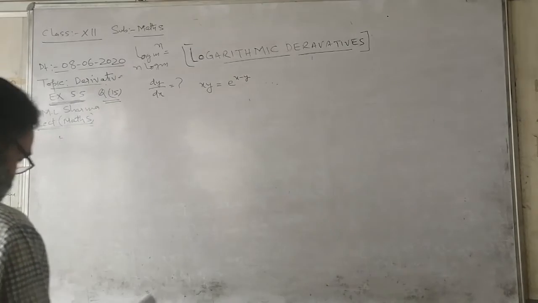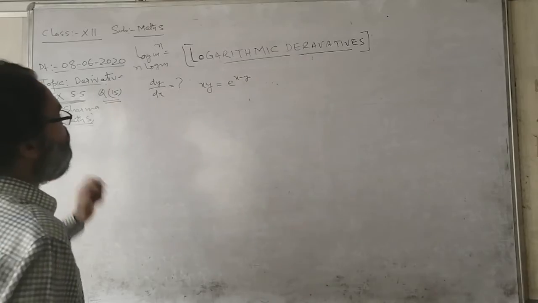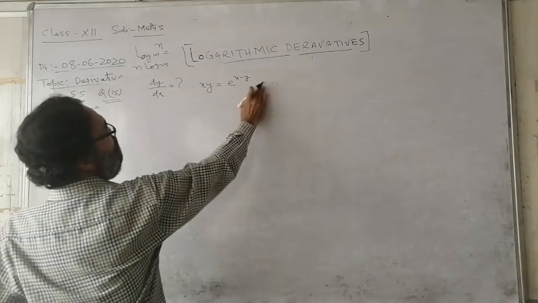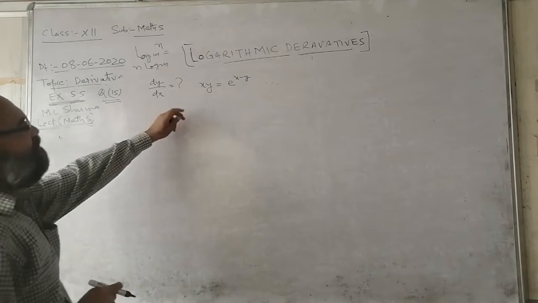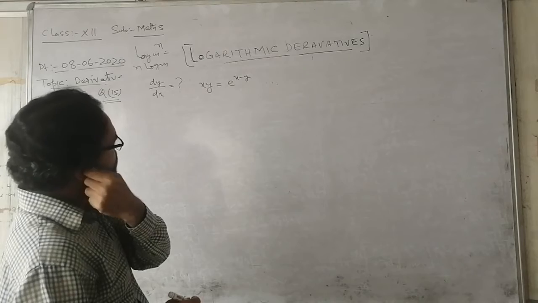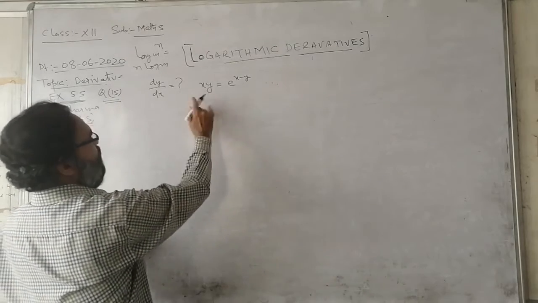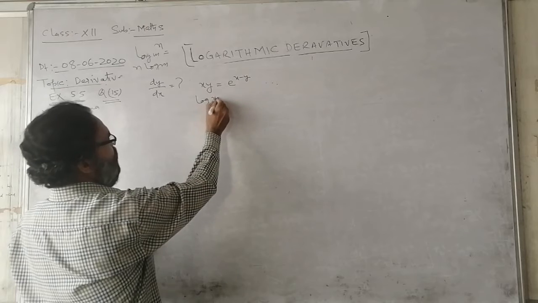So this is to be solved, its value is to be found out. So to solve this question, since it is the exercise of logarithmic differentiation, I will have to take log both sides.